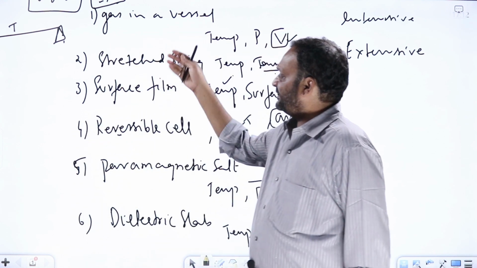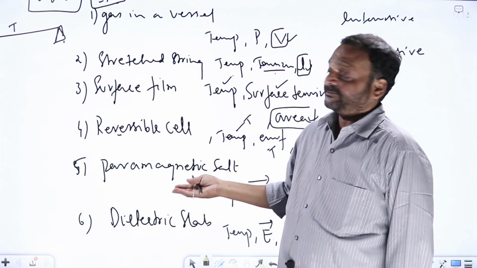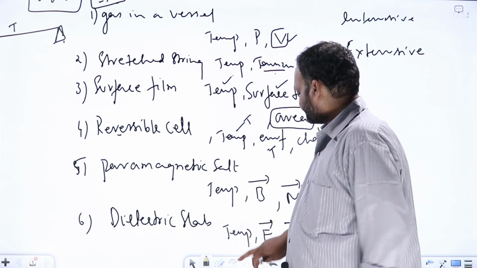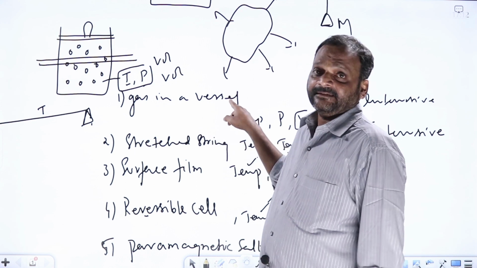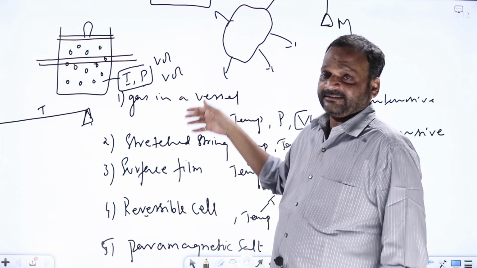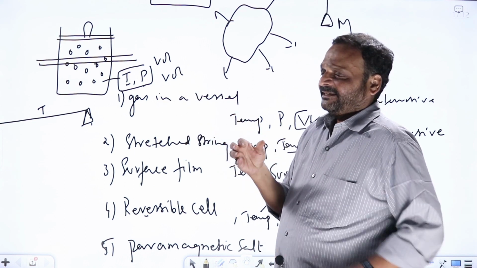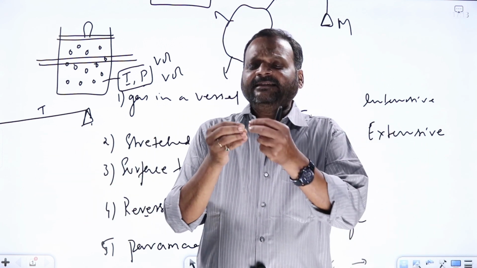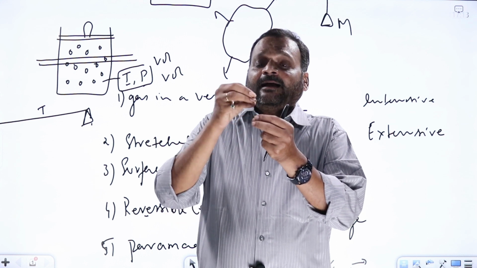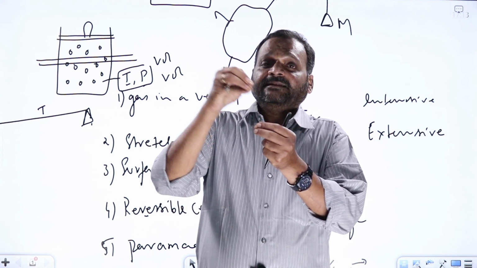All these can be considered as thermodynamic systems, but throughout our course we'll mostly be talking about gases in a vessel. We'll take different types of gases in a vessel and bring some changes. We can do the same thing with liquid and solid also, but in a gas, if you give a small amount of heat, appreciable changes will occur in temperature, pressure and volume.